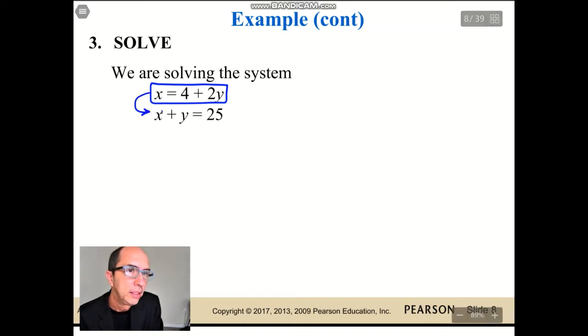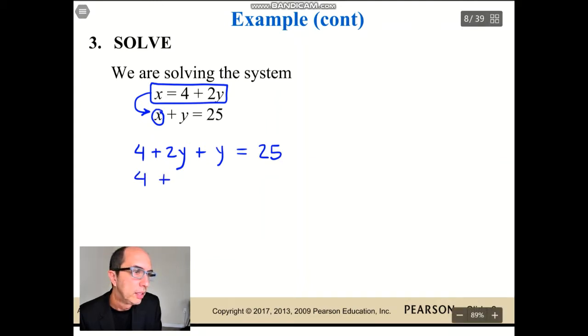We can substitute this first equation in the second one. That means instead of x here, we're going to write 4 plus 2y. 4 plus 2y plus y equals 25, right? And we have like terms, combine like terms.